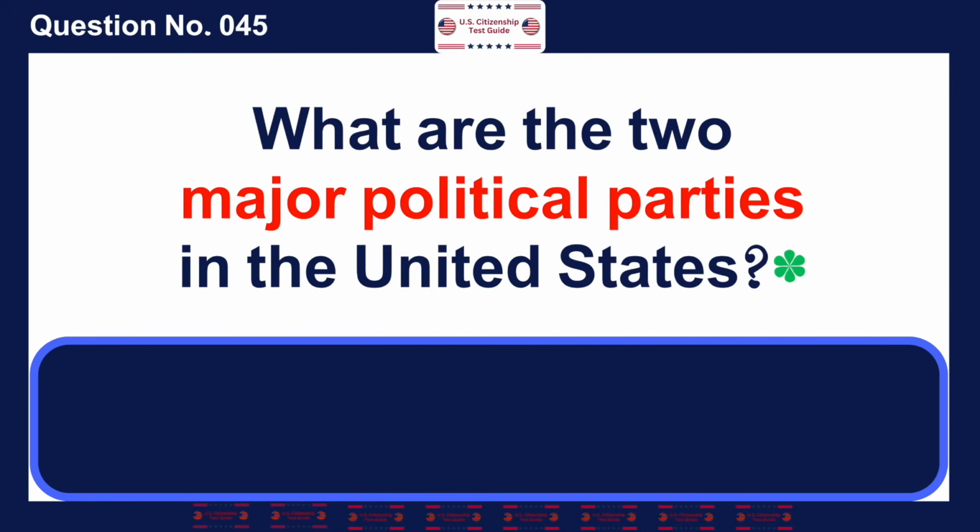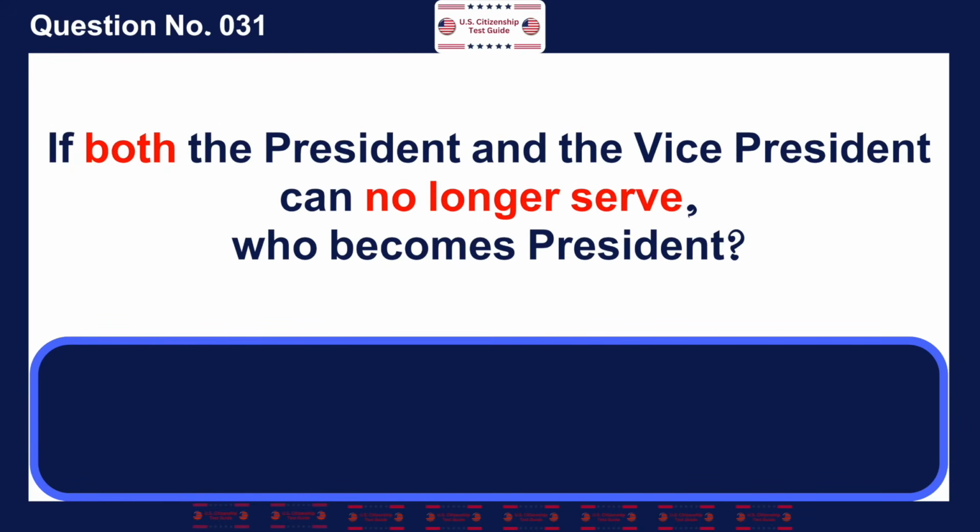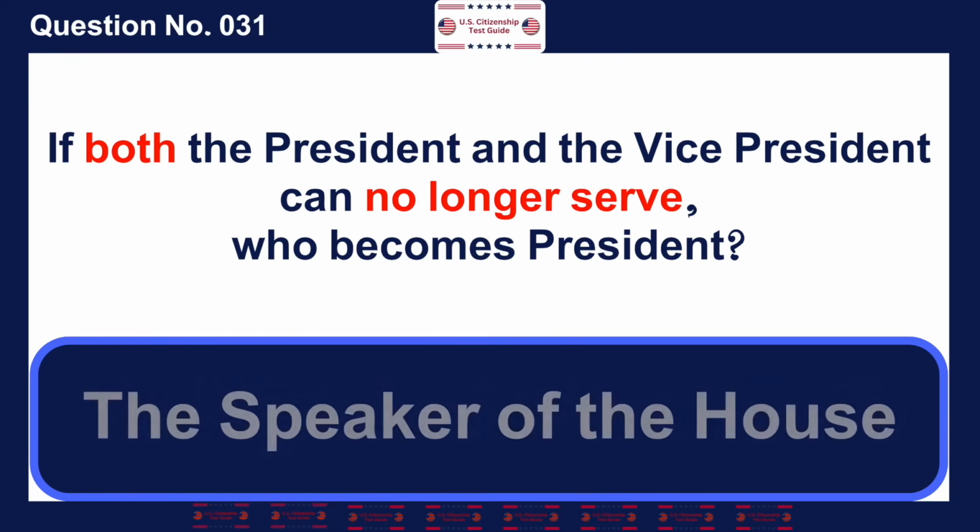What are the two major political parties in the United States? Democratic and Republican. If both the president and the vice president can no longer serve, who becomes president? The Speaker of the House.